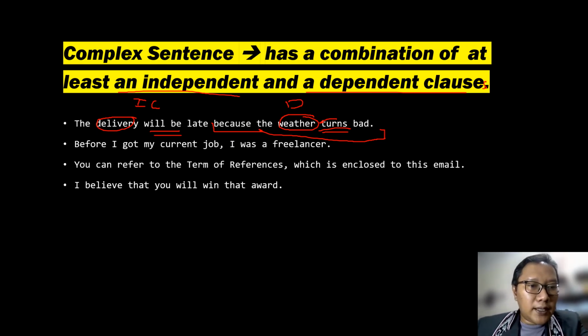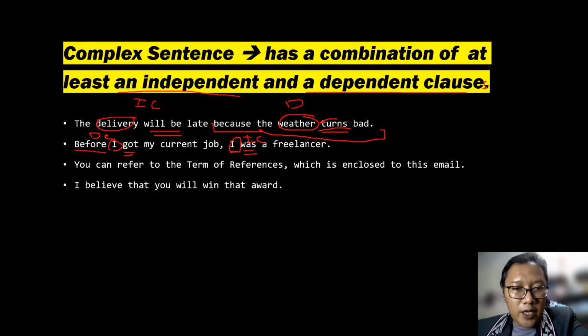Before I got my current job, it starts with before, an adverb of time. So here we have the subordinate conjunction, the subject, and the verb. So we have the dependent clause here, and we have the independent clause: I was a freelancer. The third sentence, you can refer to the terms of reference.